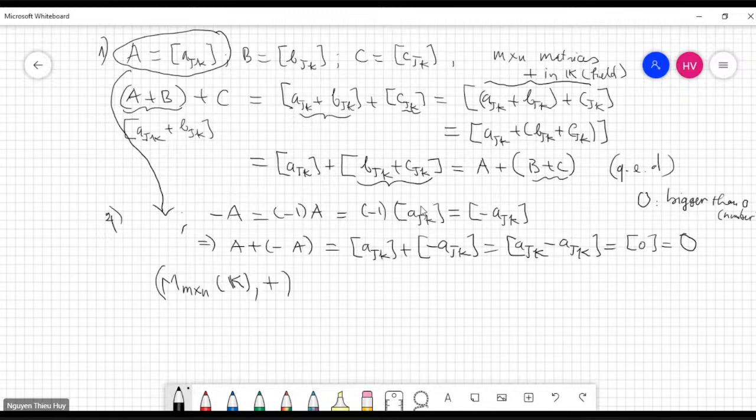This is the set of all m by n matrices with entries in K. Can you tell me the name of this structure? Using properties 1 and 4, what do you immediately obtain? Tell me.